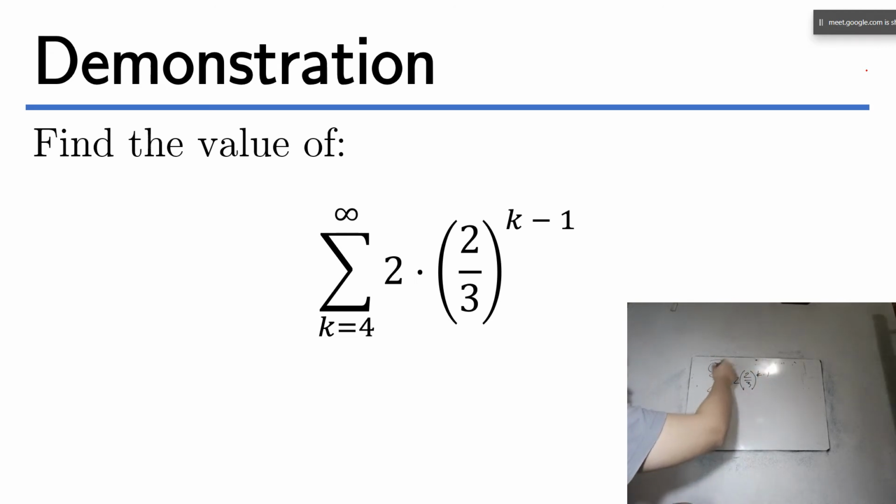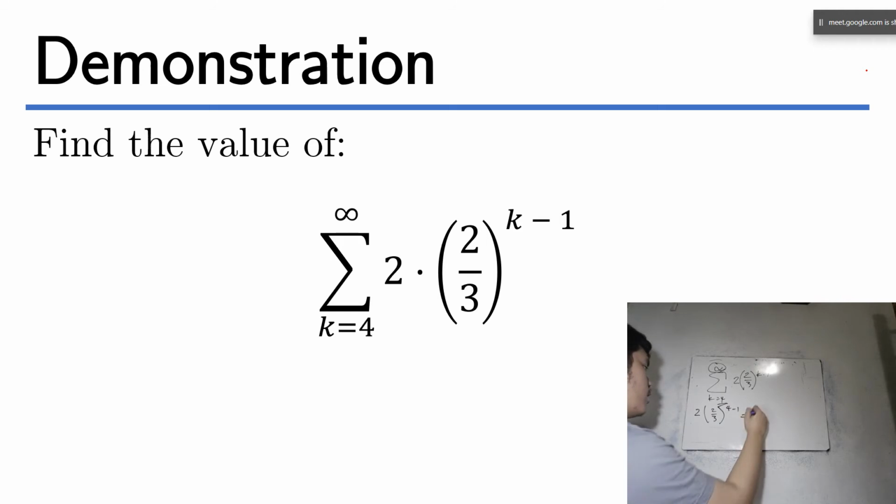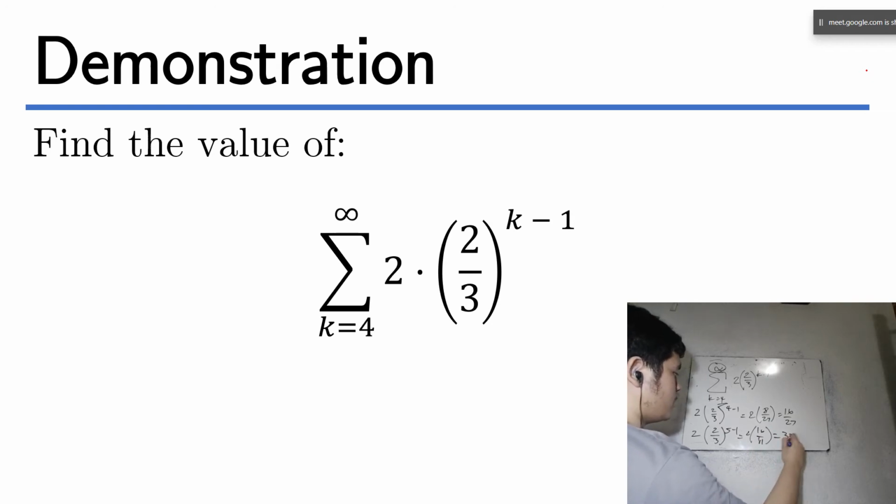O sige, kunin ko lang yung first term. 4 kasi, 2 times 2/3 raised to 4 minus 1 equals 2 times 8 over 27 equals 16 over 27. Yung fifth term kunin ko or second term. 2/3 raised to the 4 is 16 over 81. 32 over 81.